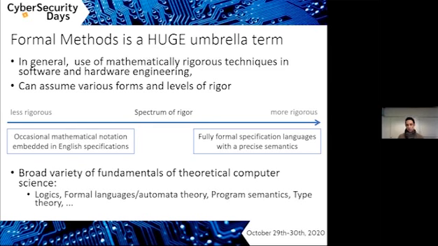Moving forward, still on the right of our diagram, we start finding more rigorous techniques that use fully formal specification languages, or use them in a partial specification, meaning that they are restricted to some critical components of our system. But the key point here is that there is a formal definition of the syntax of how we specify things.